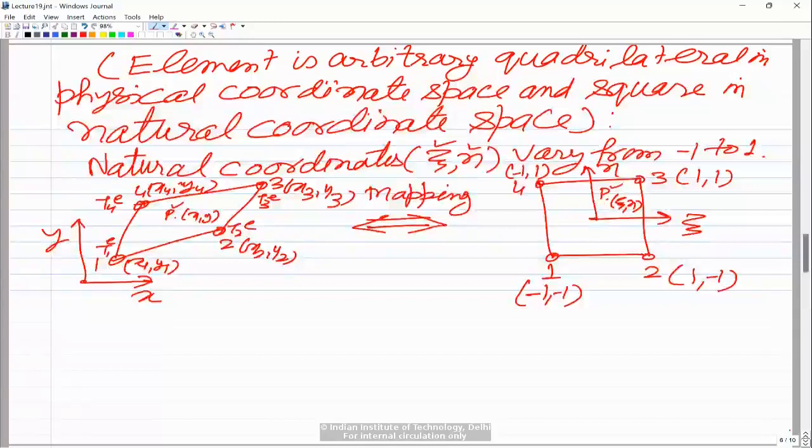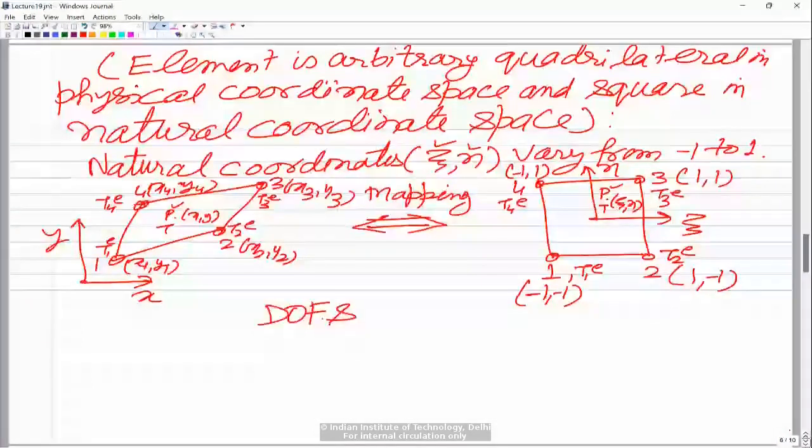So if the temperature is T here, at the corresponding point the temperature would also be T. Therefore, the degrees of freedom T1E, T2E, T3E, and T4E are the same in both the physical coordinate space and the natural coordinate space.